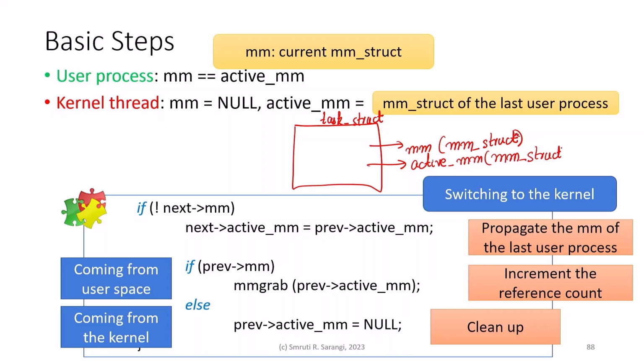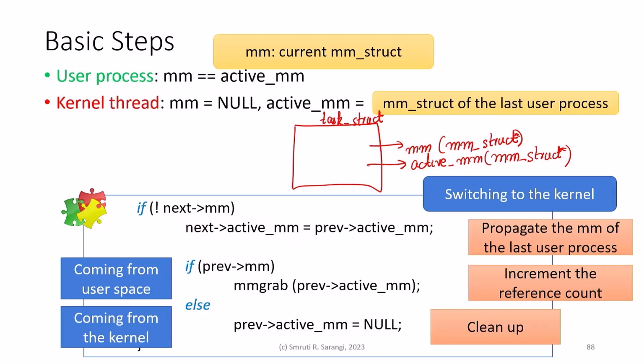So mm_struct means mm_struct star always, right? You never have a structure inside a structure, you always have a pointer, right? As is the norm in C. So this you have appreciated. So there is an mm and there is an active_mm, all right? So this mm and active_mm they convey a very interesting story. So let us understand what they are.